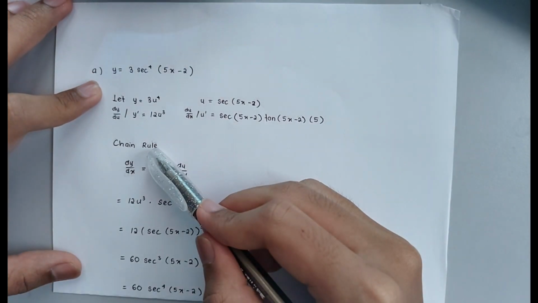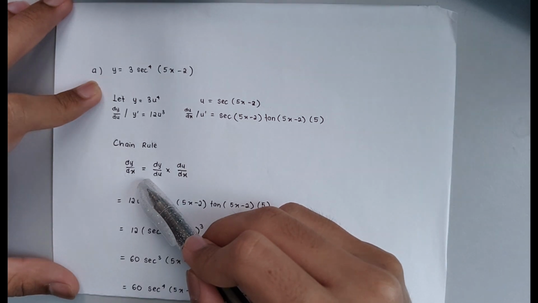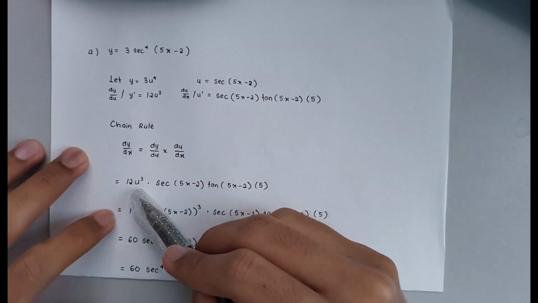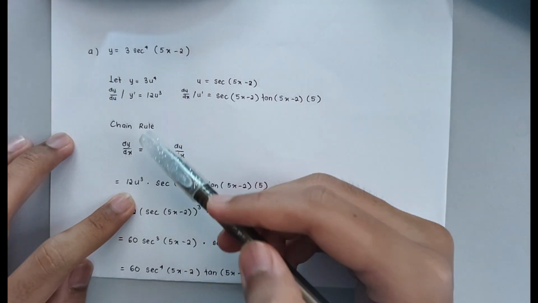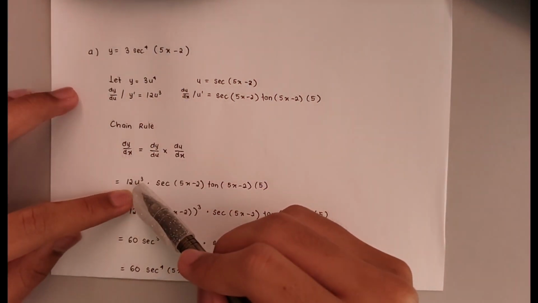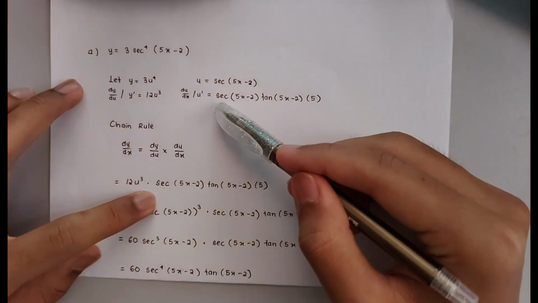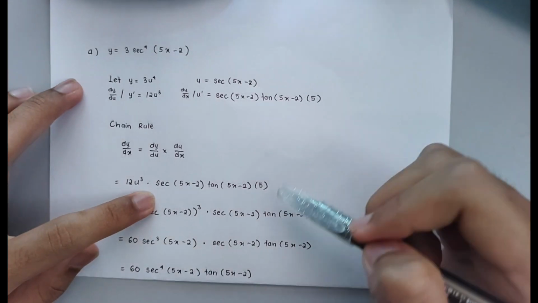For the chain rule, in order to get dy/dx, we must multiply dy/du and du/dx. So we insert the values into the formula. dy/du is 12u to the power of 3 times du/dx, which is sec(5x minus 2) times tan(5x minus 2) times 5.